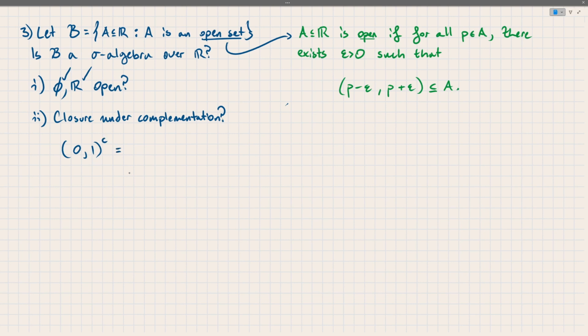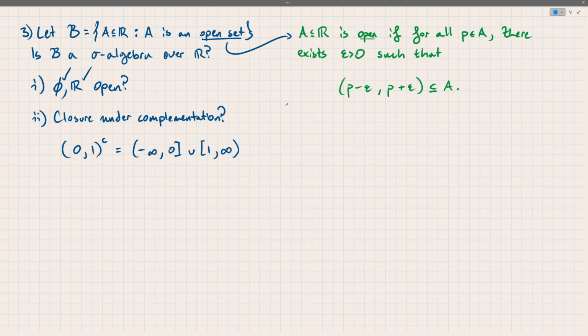Why? Because the complement is going to be from negative infinity to 0, including 0, union with the closed ray from 1 to infinity. This is not open. Why?